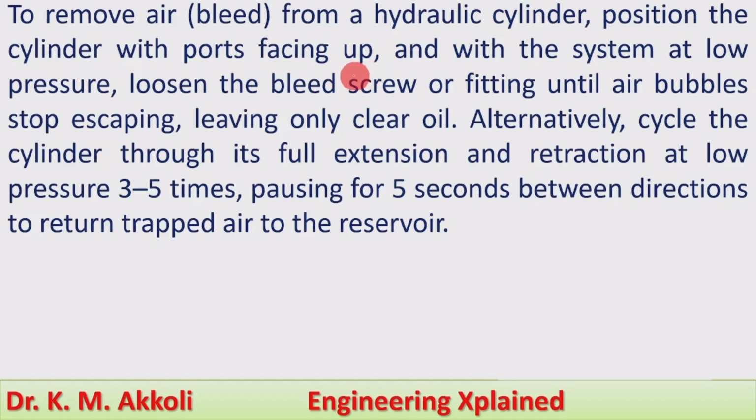And with the system at low pressure, we should keep that in mind, low pressure, loosen the bleed screw or some fitting until air bubbles stop escaping. When we loosen the bleed screw or fitting, the air escapes from that hole because of the pressure acting by the hydraulic fluid.